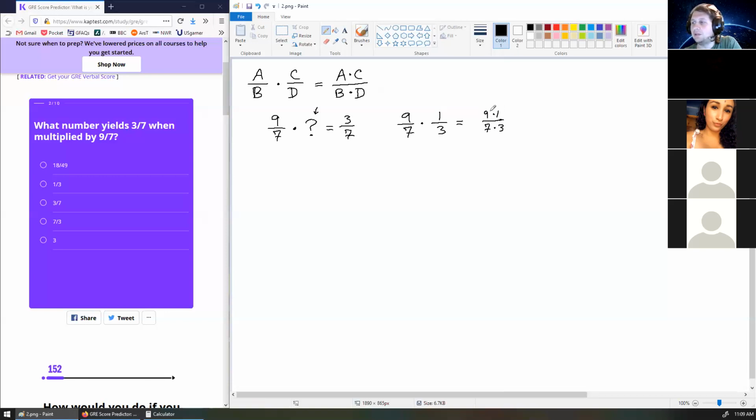Keep in mind that everything on the top is multiplied together. Everything on the bottom is multiplied together. You can treat these as individual elements that you can divide out.